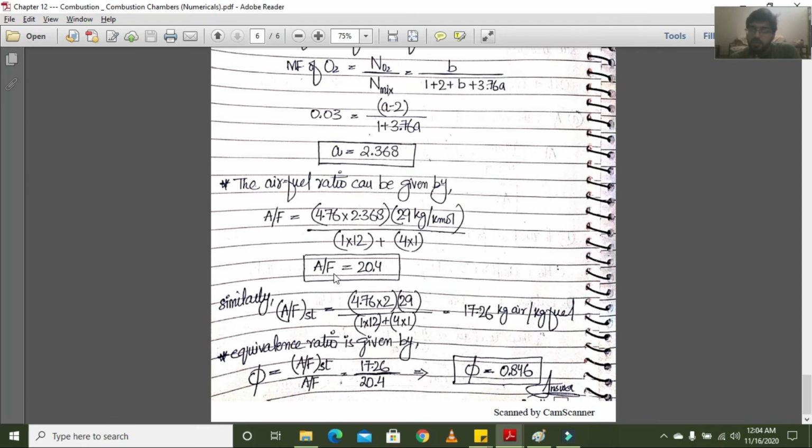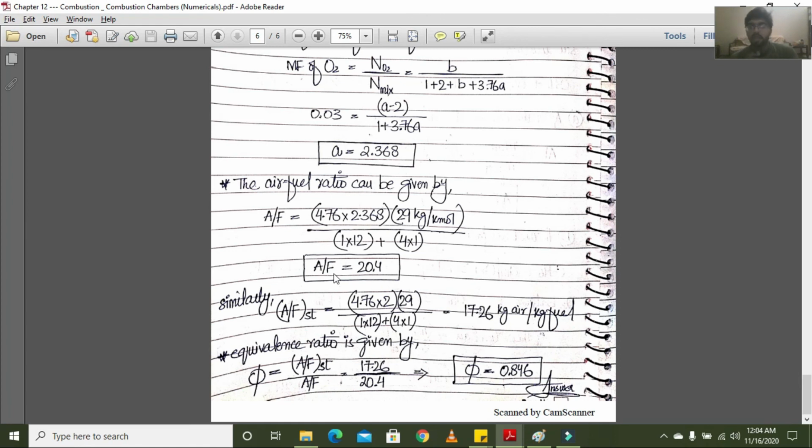It is basically the ratio of the stoichiometric air-fuel ratio to the actual air-fuel ratio. So I have one unknown variable here. I have determined the actual air-fuel ratio, which comes out to be 20.4, but I haven't found the stoichiometric air-fuel ratio.